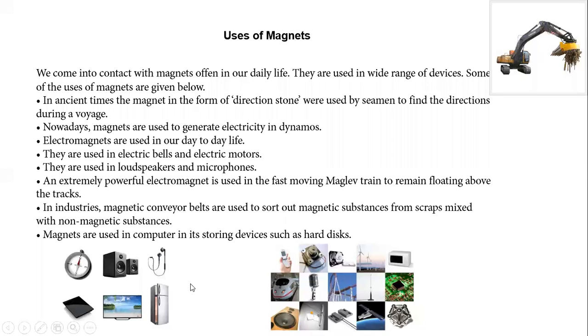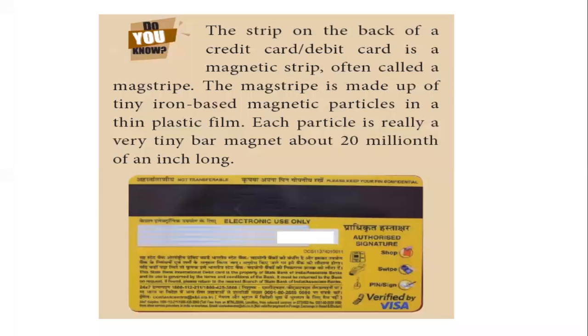See, many electronic devices: TV and fridge, loudspeaker, magnetic compass, earphones, train, mobile phones, mic. So in many industries we are using magnets. Okay, the strip on the back of the credit card or debit card is a magnetic strip.